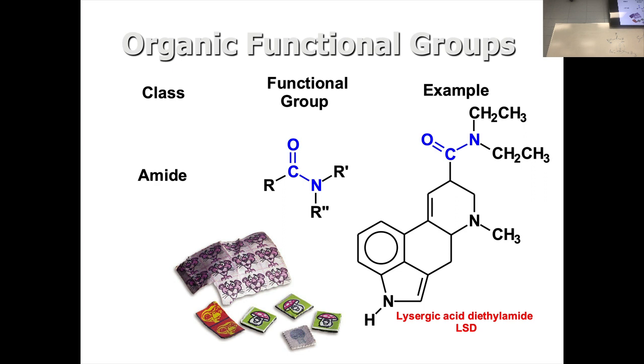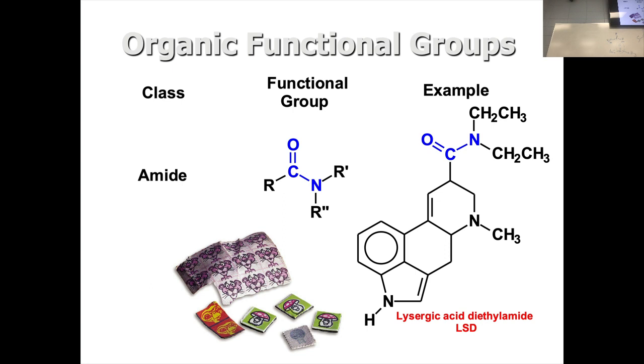We also have the amide functional group, okay? And what you can see here, you will have a carbonyl that is bound to a nitrogen. So it looks like a carbonyl plus an amine come together, okay? This is called the amide. The example that they give you up there, I'm not so sure why they did that, LSD.